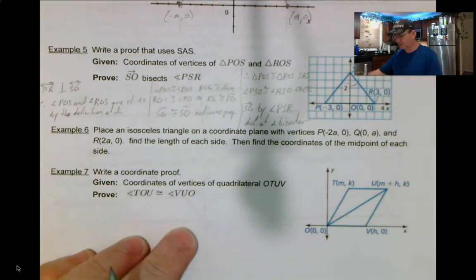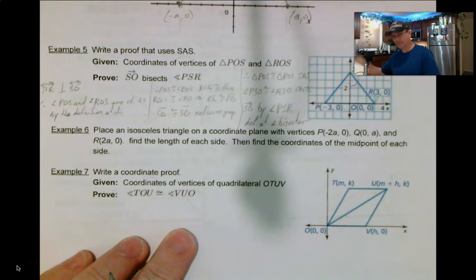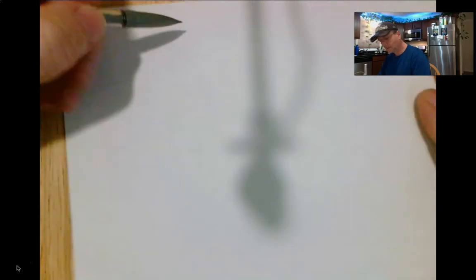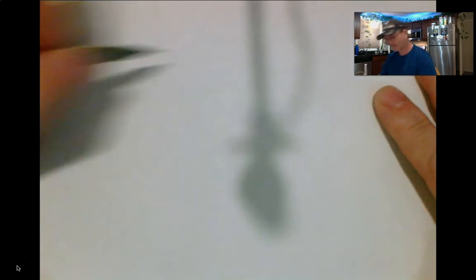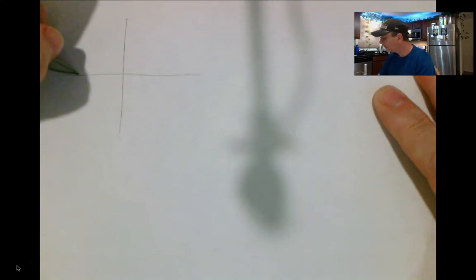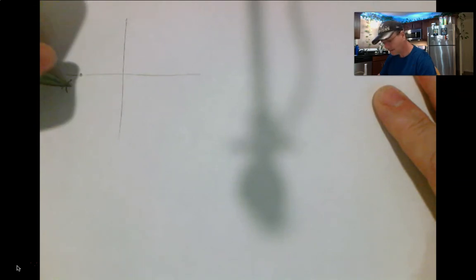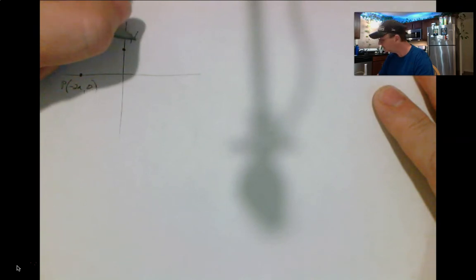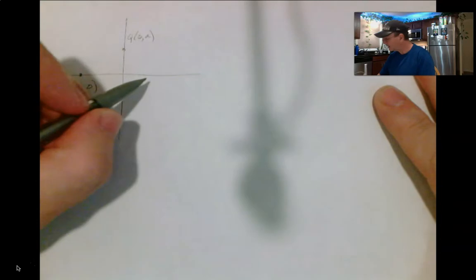So I'm actually going to come over here, I've got a blank piece of paper. Let's make our x and y axes. We have P negative 2a comma 0, Q is 0 comma a, putting it on the y-axis, and what do we have?